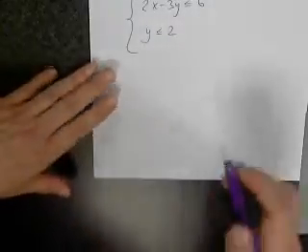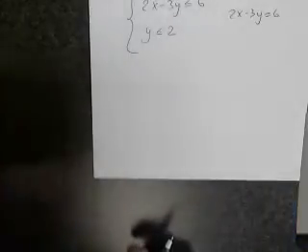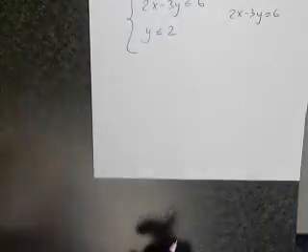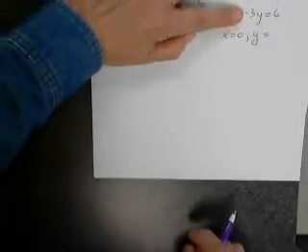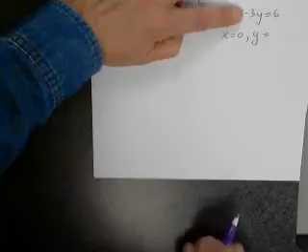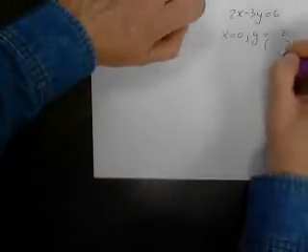Remember, I have to write the equation first. 2x minus 3y equals 6. I have to graph the equation. When x is 0, y is -2. Perfect. What is the ordered pair?